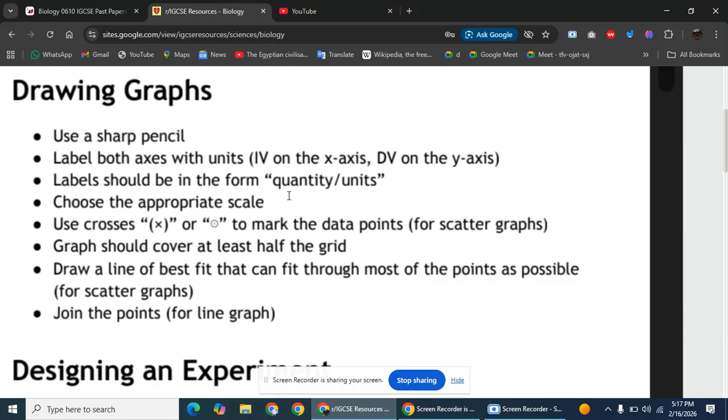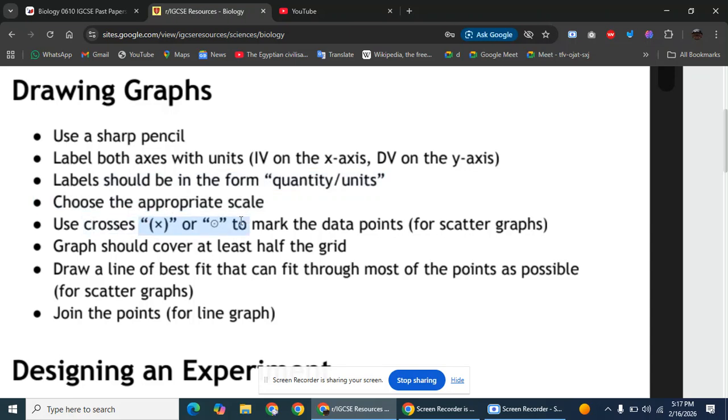Next is drawing graphs. When you draw graphs, use a sharp pencil, with both axes labeled, the independent variable on the x-axis and the dependent variable on the y-axis. Labels should be in the form of quantity slash units, for example height / centimeters. Choose an appropriate scale.